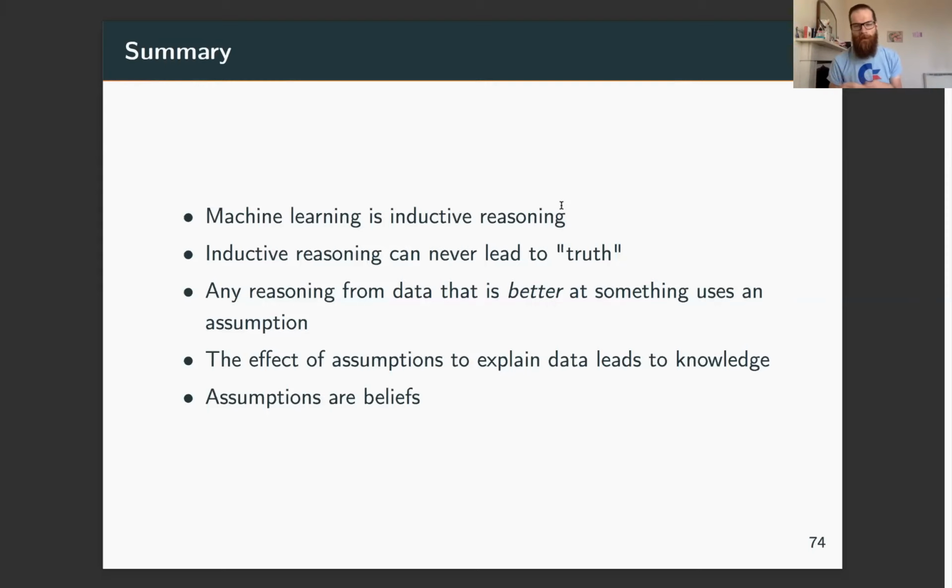There's a couple of other things that makes me worse in football as well. But so the last thing, inductive reasoning can never lead to truth. This is very, very important. We can only argue, it can only be true relative to my assumption. So in the end, that's kind of what I wanted to get across.